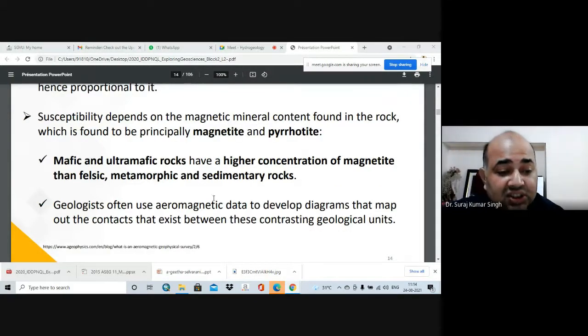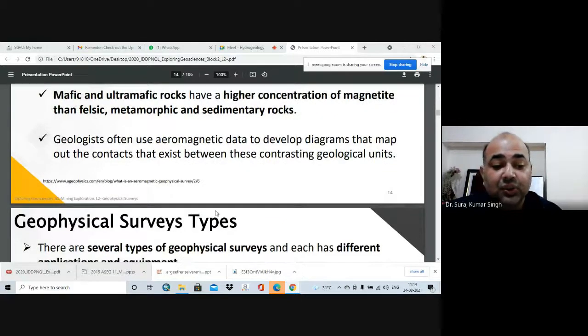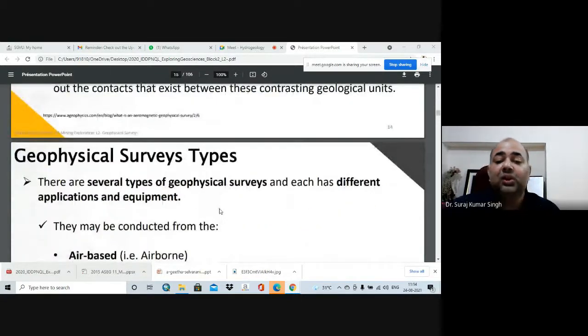Generally, geologists use aeromagnetic data to develop diagrams that map out the contacts that exist between these contrasting geological units.